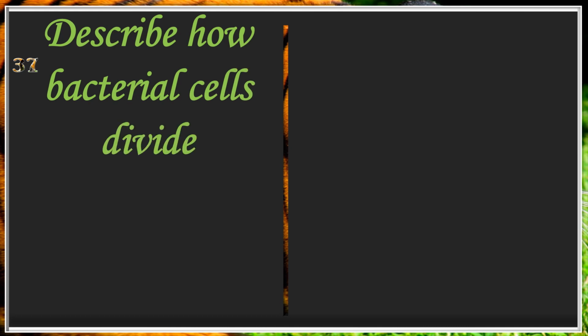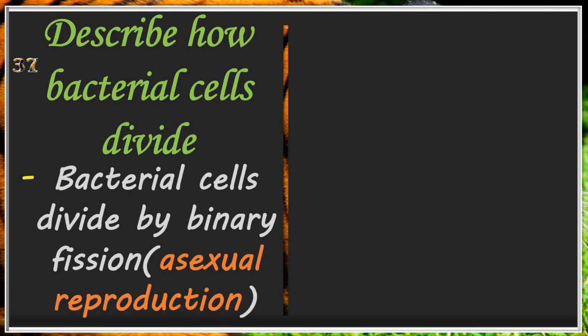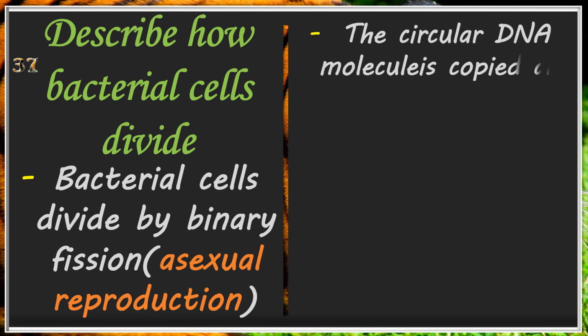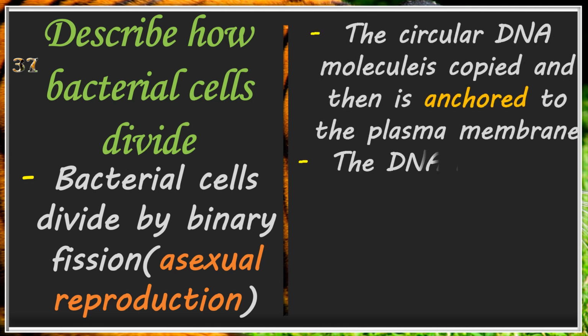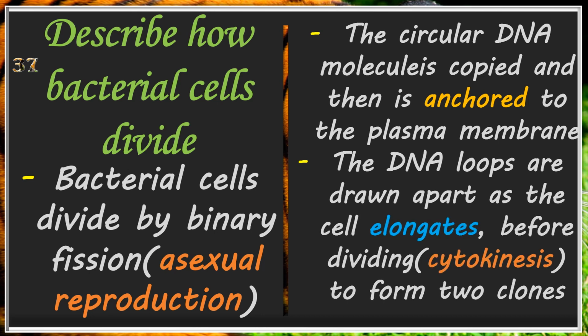Describe how bacterial cells divide. The bacterial cell divides by binary fission, and this is a type of asexual reproduction. The circular DNA molecules are copied and then anchored to the plasma membrane.